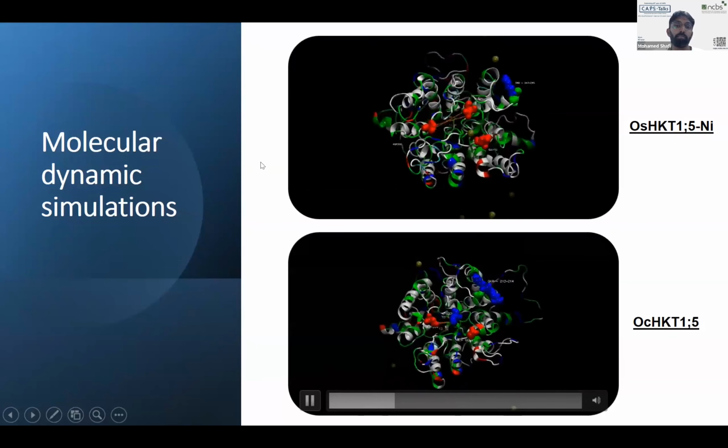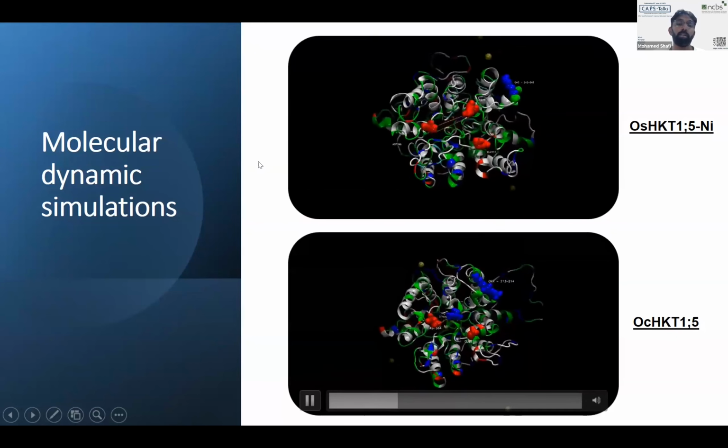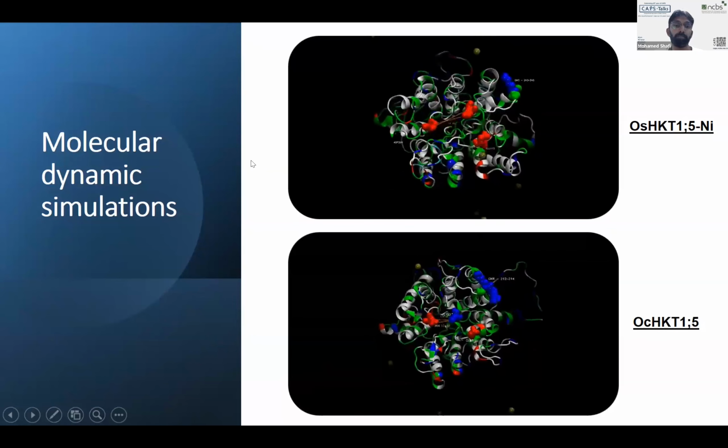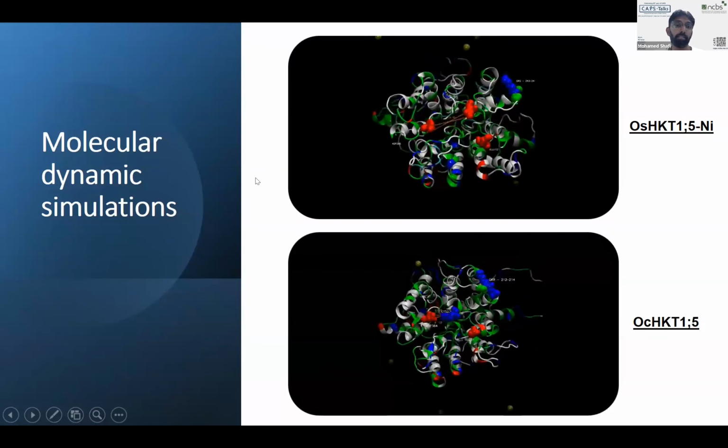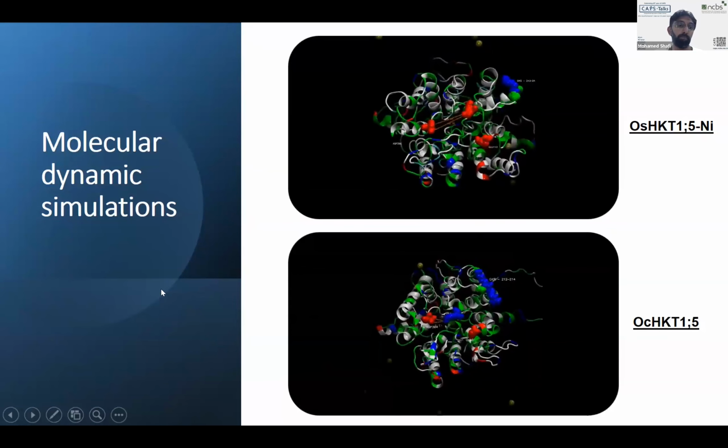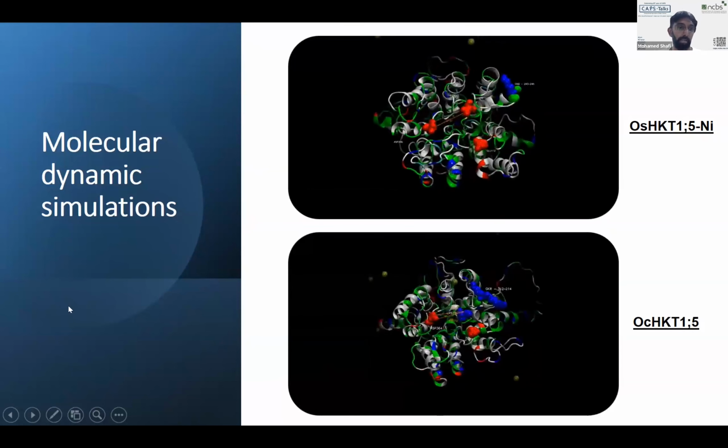Okay, so we have done some transport kinetic assay studies and conductivity studies with the help of a lab from France.